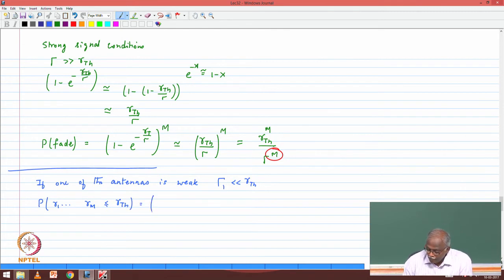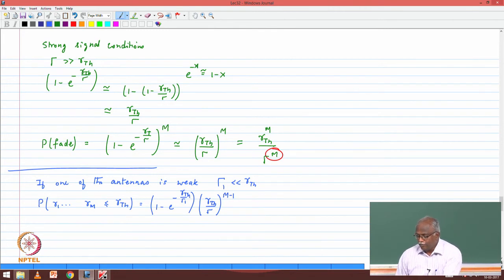Like before, we will write down the cumulative distribution functions for all of them. 1 minus e power minus gamma t by gamma 1, into, the others are all strong antennas, so I can write them as gamma threshold by gamma raised to the power of m minus 1. Am I correct?